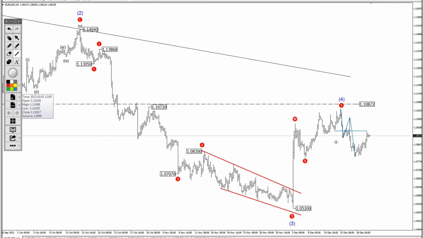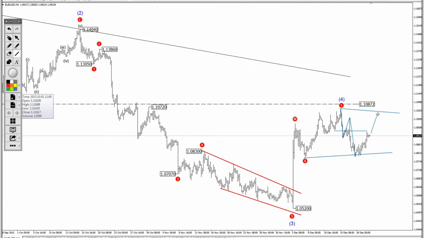So now I see few options. The most likely option is that we are still forming the minus wave 4 correction, maybe a triangle formation. We have a support level down here. We might be forming a triangle or double three or even triple three correction.